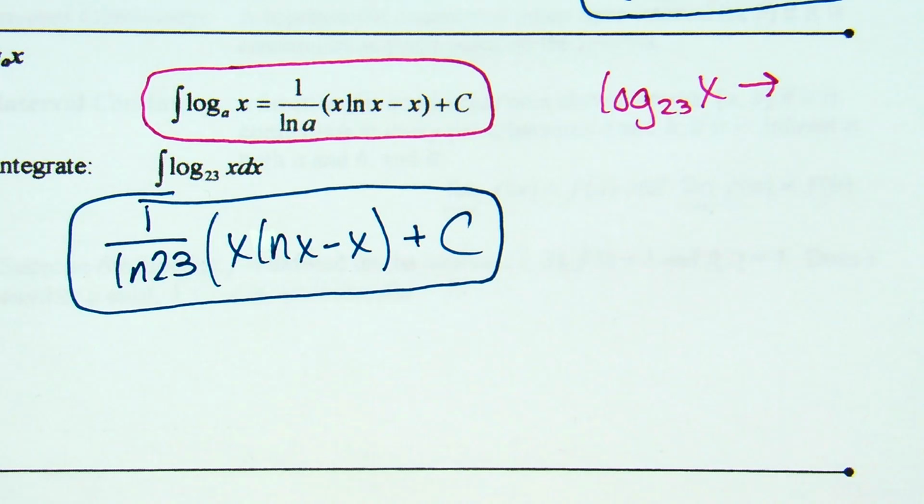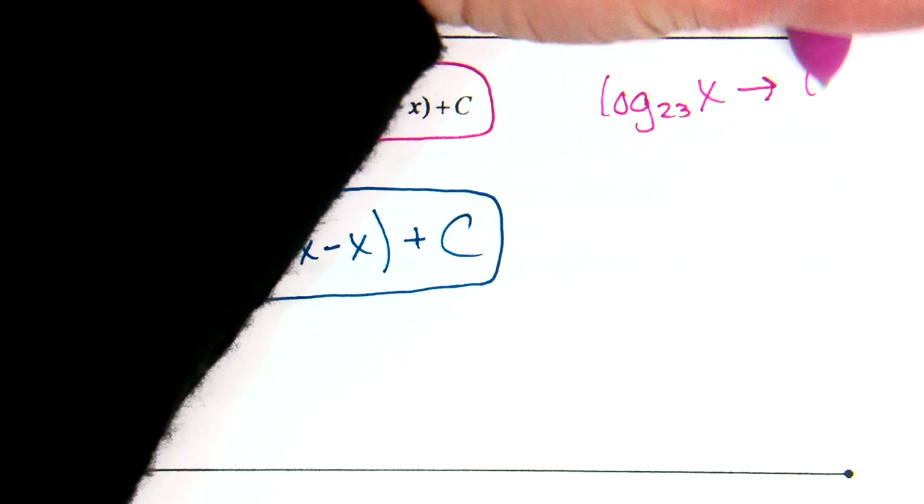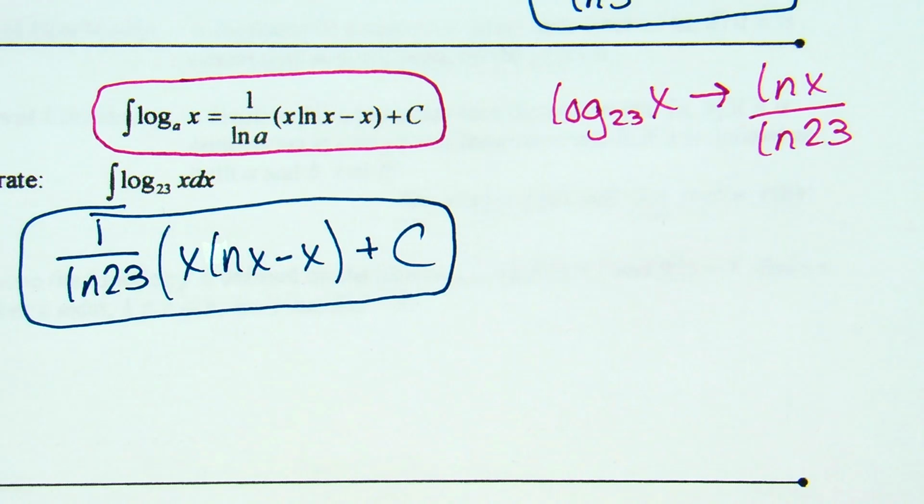Yeah, you remember your change of base formula for logs? It's always the inside of the log over the base. So it's natural log of x divided by natural log of 23. That's an equivalence that you're familiar with, right? That's the change of base formula. I think technically you learn it in Algebra 2.